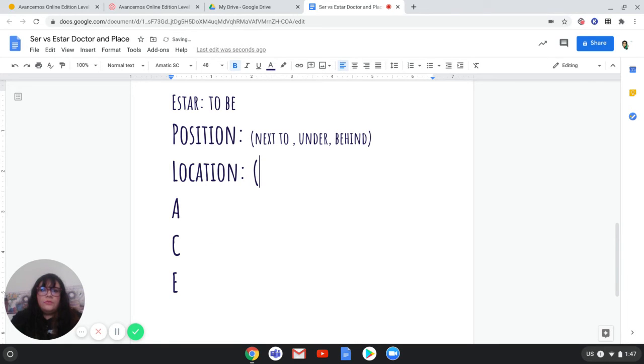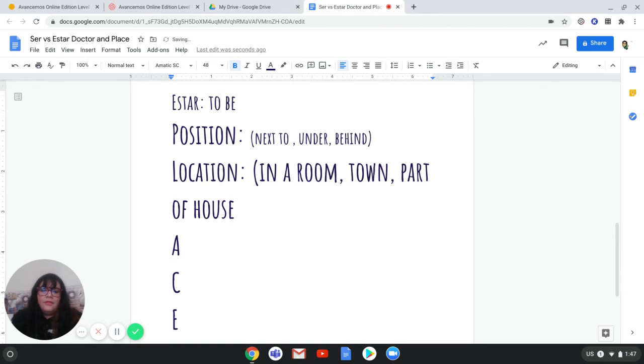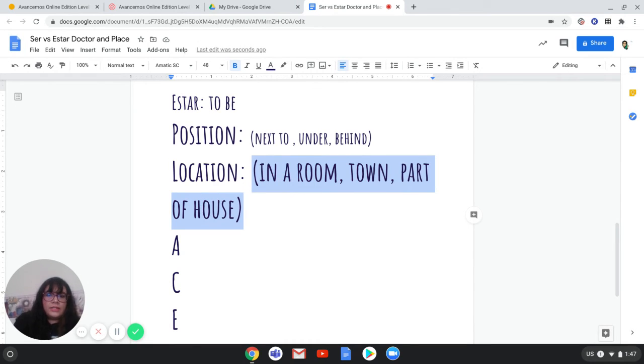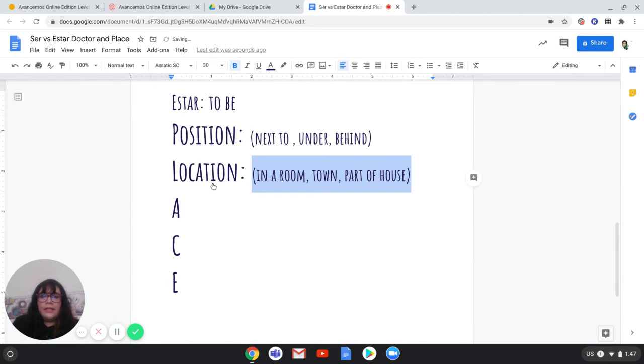So that's an actual place that you're mentioning, as in a room, town, part of a house. I'm thinking of the words that you'll be using in this chapter. So as long as it's a certain location that person or that thing is in, as in my house is in this part of town, or my certain object is in this room or in this part of the house, then you're going to be looking at estar because that's its current location.